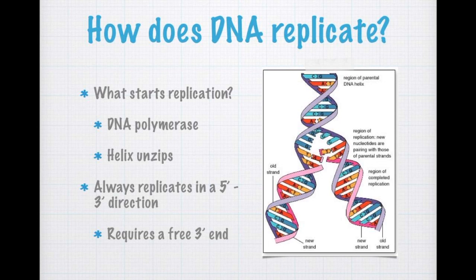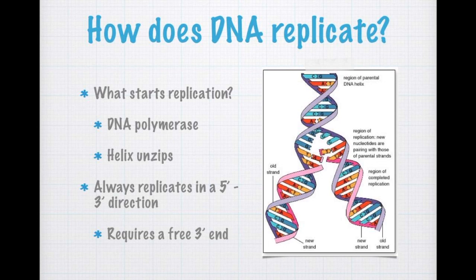DNA polymerase always runs in a 5' to 3' direction. What that means is that it requires a free 3' end to start. So, taking a look at this picture, look at the right-hand side of the picture where you've got your old strand and your new strand at the bottom. Your old strand is where your free 3' end is, and the new strand starts on the 5' end.